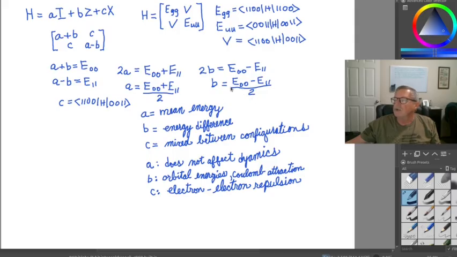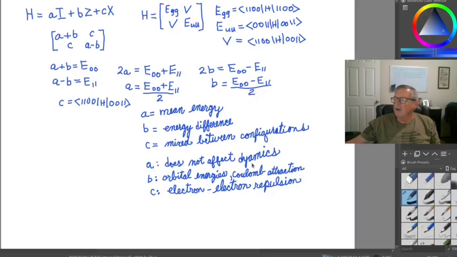So hold those ideas in your mind. A represents the mean energy. B, which is the Z operator, represents the energy difference. And C equals the mixed configurations, this thing up here. So A does not affect dynamics.